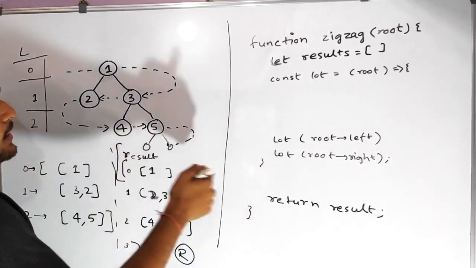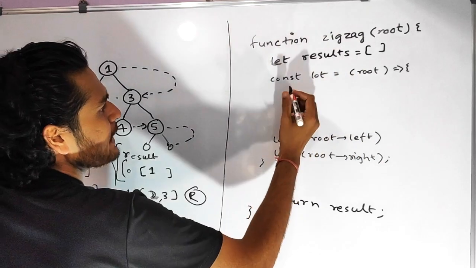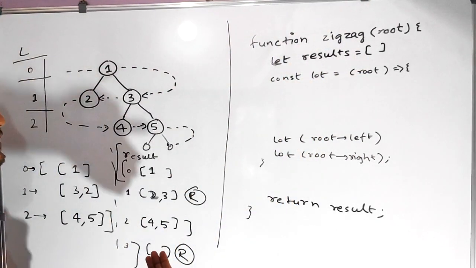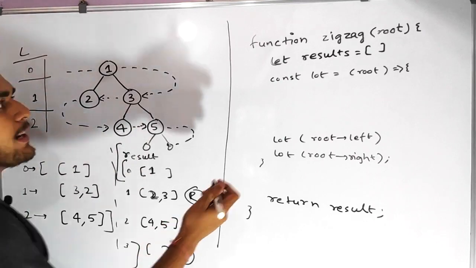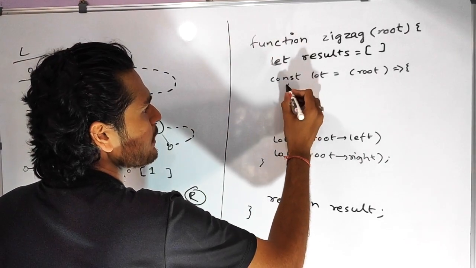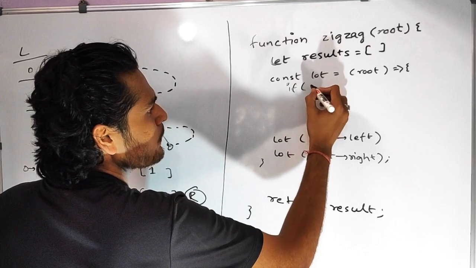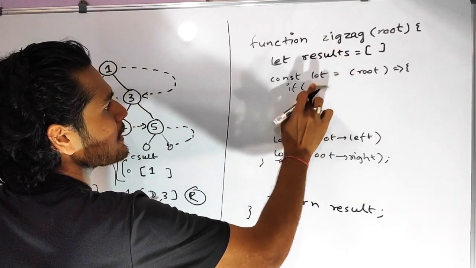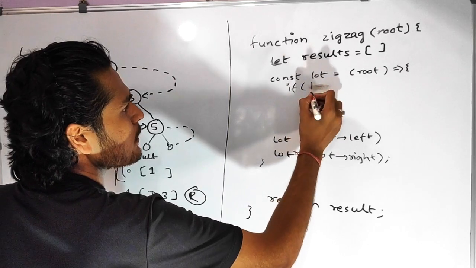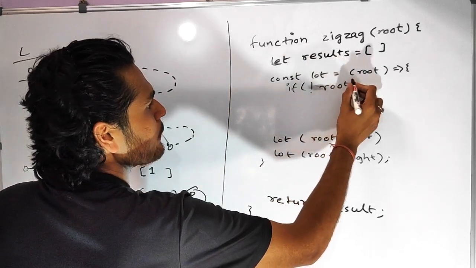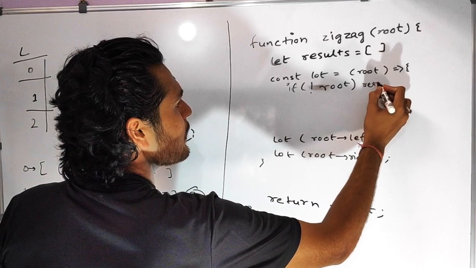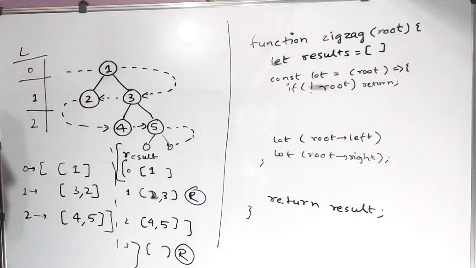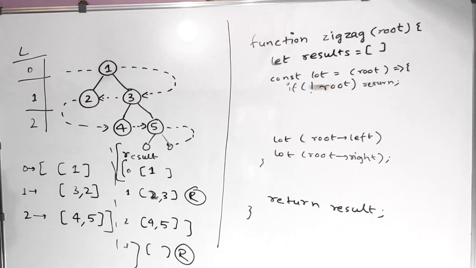That means if any time our root becomes null or empty, we'll just return. So if root is equal to null, or in JavaScript we can write it as not root, then just return. So that is our base condition.